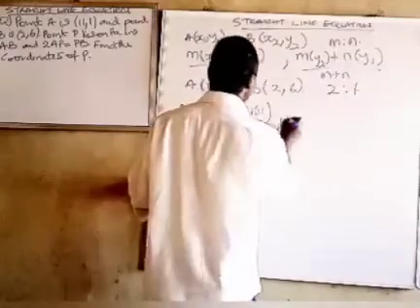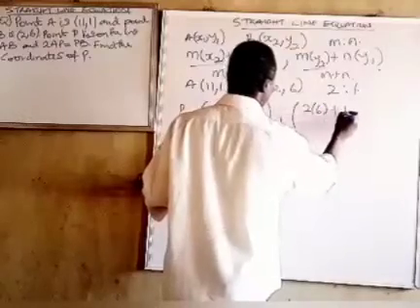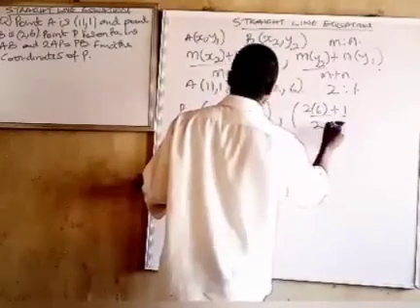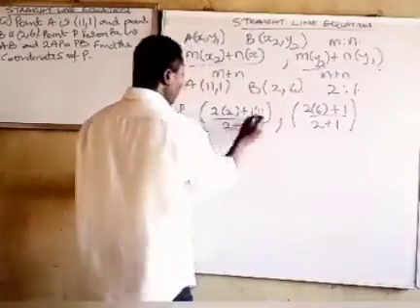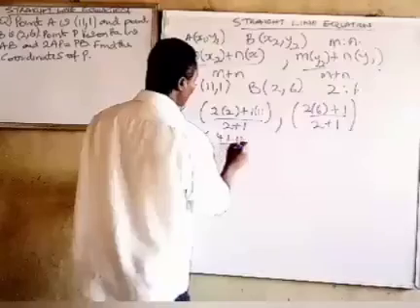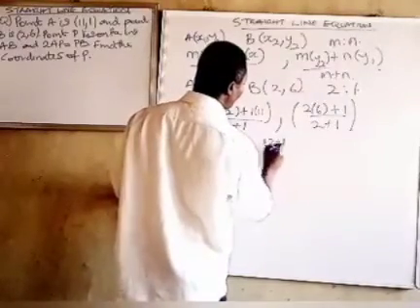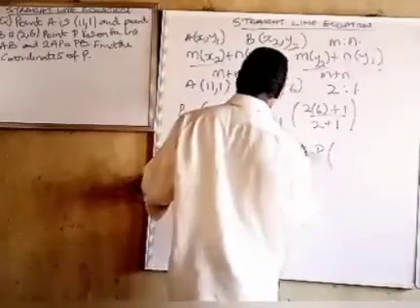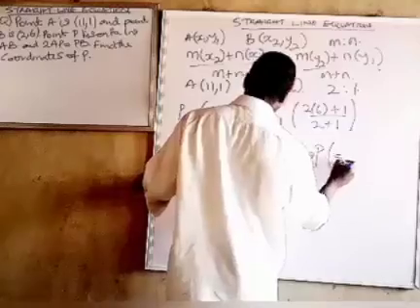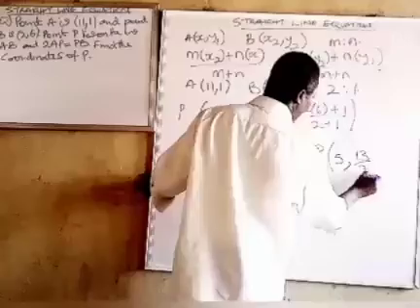That is for the x. And for the y, we have 2 into 6 plus 1 over 2 plus 1. So it's going to be 4 plus 11 over 3 and 12 plus 1 over 3. So point P is (5, that is 15 over 3, and then 13 over 3).